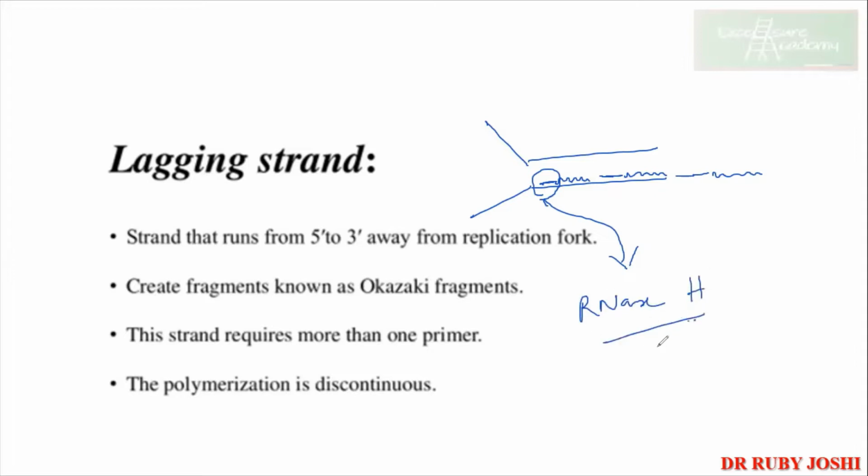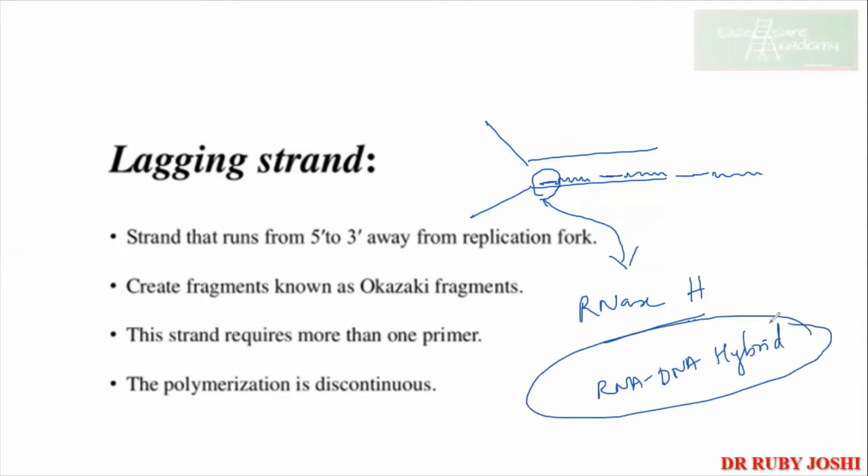So it can remove all the ribonucleotides, but for the RNA and DNA hybrid, who will remove that? Yes. RNase H can remove only the ribonucleotide bonds. It cannot remove the hybrid bond which is formed between the ribonucleotide and the deoxyribonucleotide.